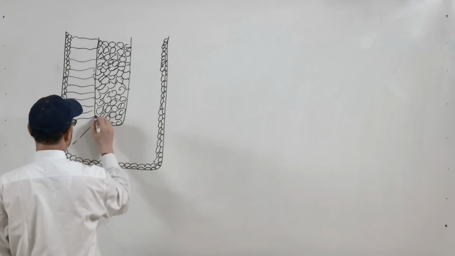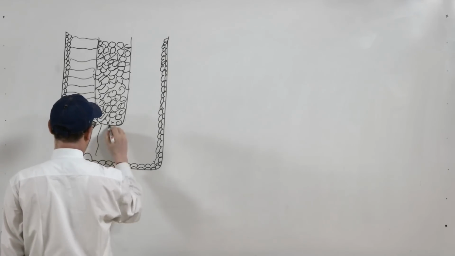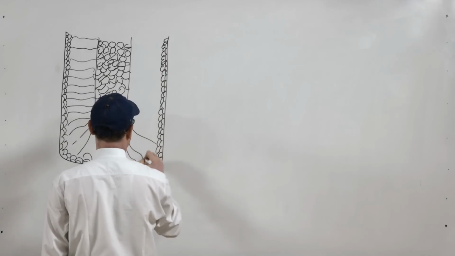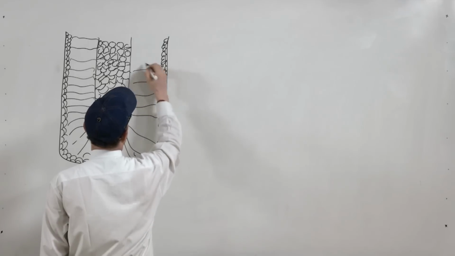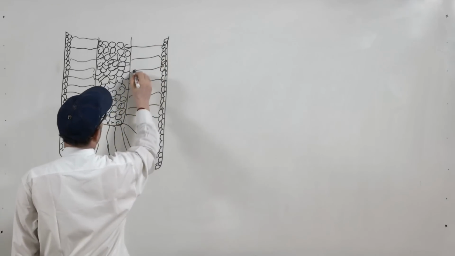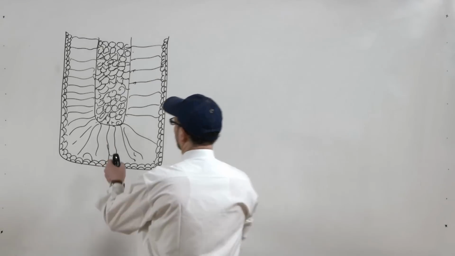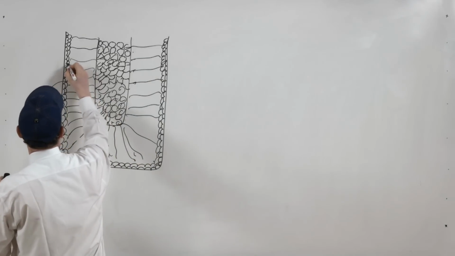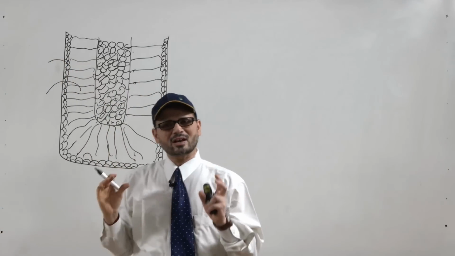So, in the case of alloys, these are the columnar dendritic structures, you have equiaxed grains, and this is also an equiaxed dendritic structure.